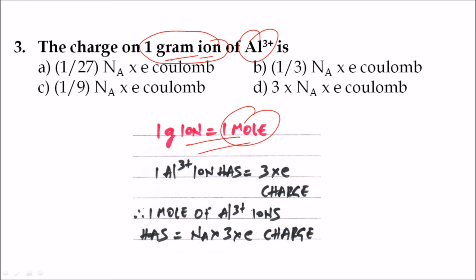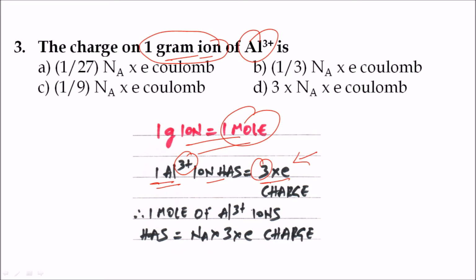If we take only one aluminum ion, Al3+, it has 3 positive charges. In terms of coulomb, it will be 3 into e, where e is 1.6 into 10 to the minus 19 coulomb. But all options are in terms of e only, so I have not taken the value of e here. We can write 3e. So 1 Al3+ has a charge of 3e.